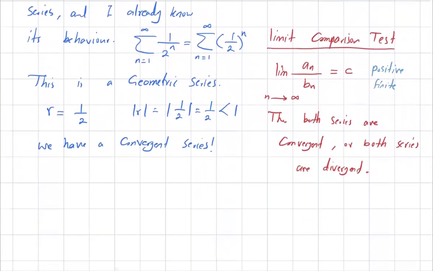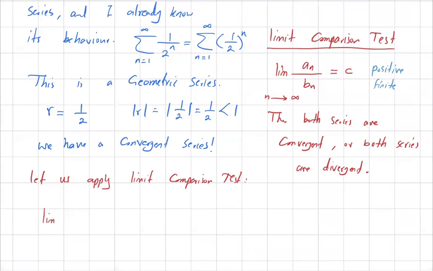So let us apply the limit comparison test. I'm going to take the limit of the division between these two series. It doesn't matter which one is in the numerator and which one is in the denominator.